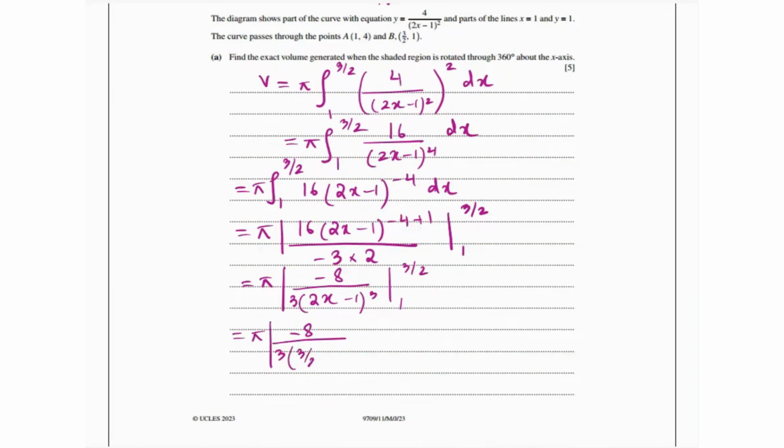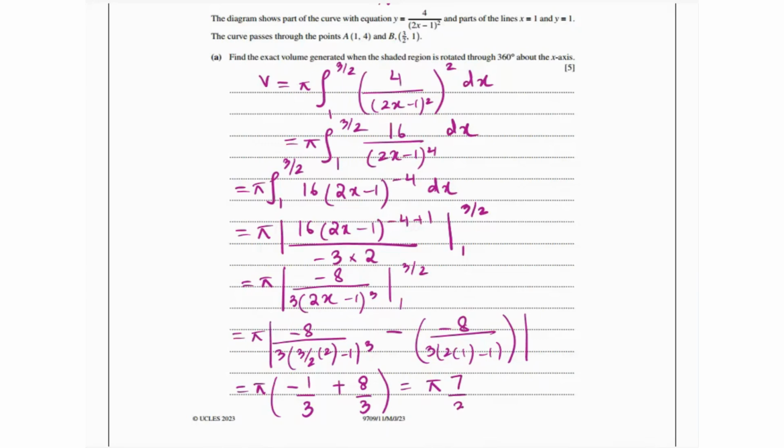First 3 over 2, and then 1. And that gives us negative 1 over 3 plus 8 over 3, 7 pi over 3.